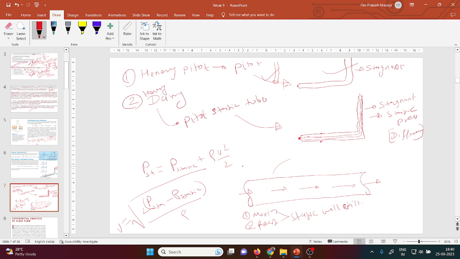Pipe flow means a pressurized flow, that is, your fluid particles have pressure. This fluid particle imparts force throughout the circumference of your channel, that is your pipe.